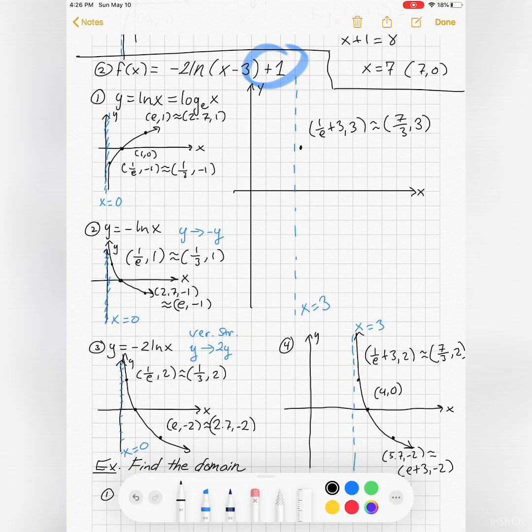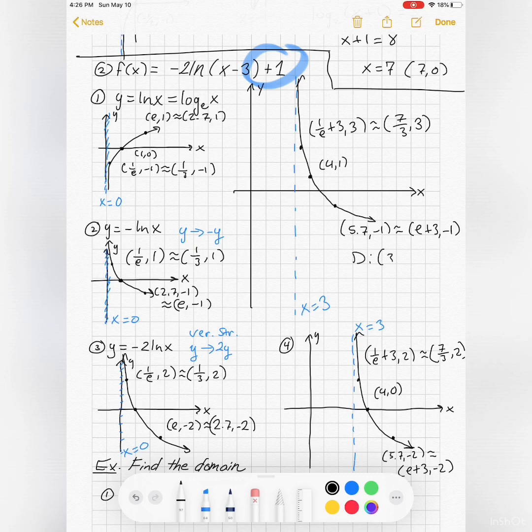And then 4, 1. And then 5.7, negative 1. And then I finally have a nice final graph.